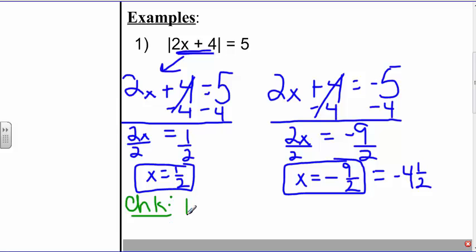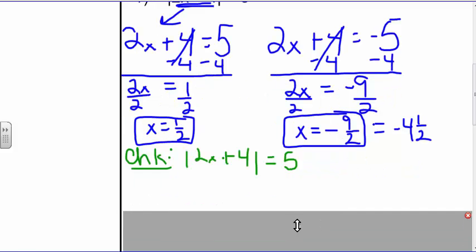And we plug the solutions that we got into that original equation. So we'll go absolute value 2 times 1/2 plus 4 equals 5.